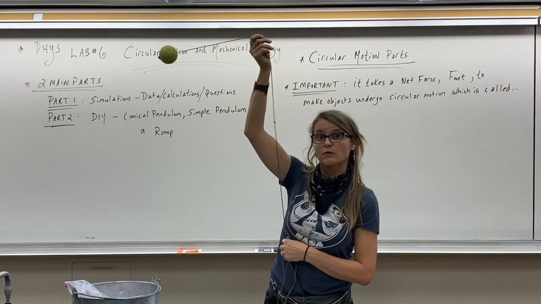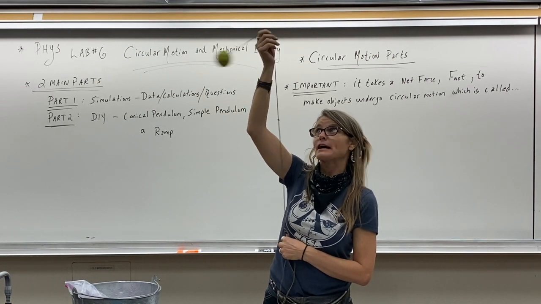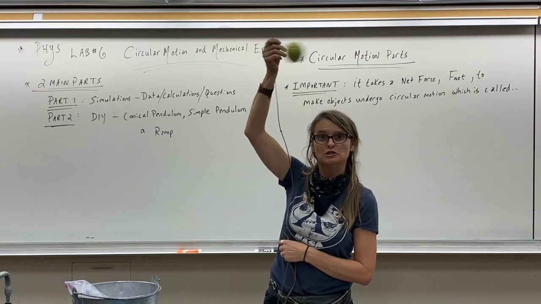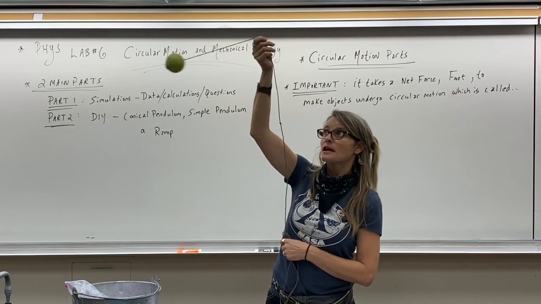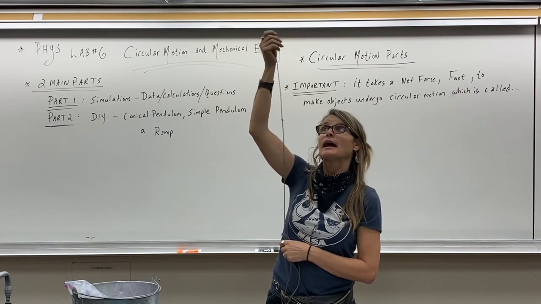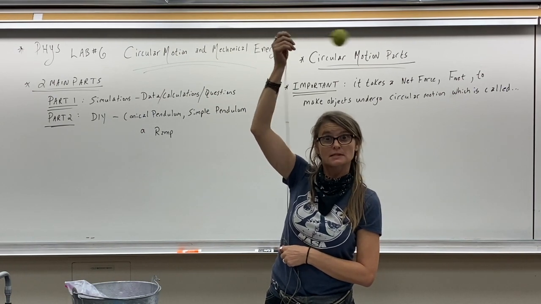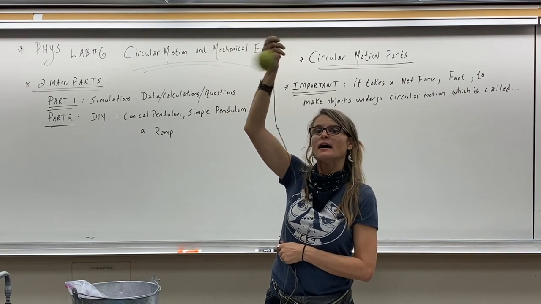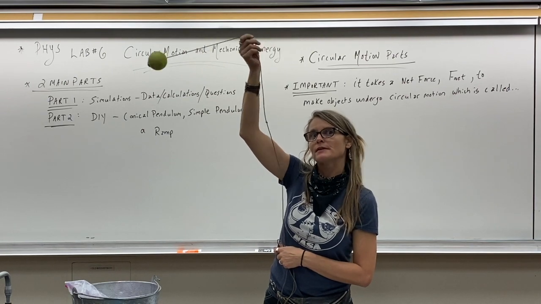I'm applying tension on the ball, forcing it to undergo circular motion. That force points towards the center of the circle, and that is the centripetal force, which is proportional to the centripetal acceleration via the mass.